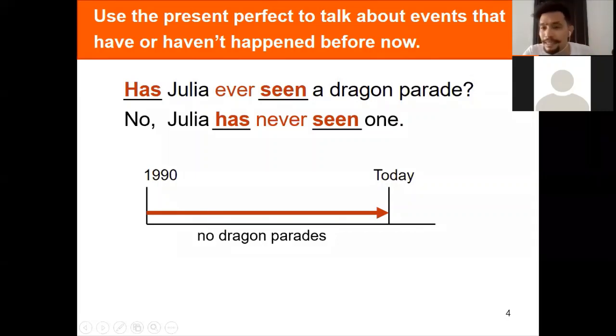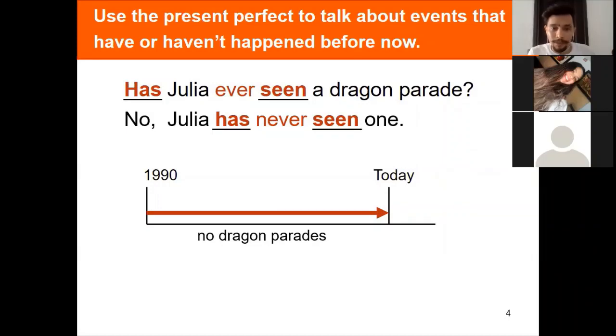She didn't see it in 1997. She didn't see it in 1999, in 2010, 2015. And today, in 2020, she hasn't seen this either, right? So the action of not seeing something or not doing something started in the past and continued up to the present. I mean, today, right? Is that clear?